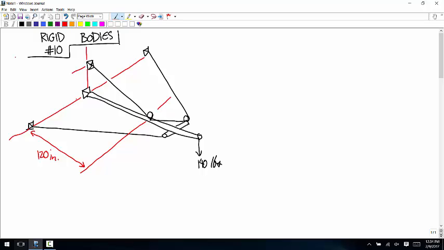This distance is 44.8 inches. This horizontal distance is 100 inches. The other horizontal distance is 136.